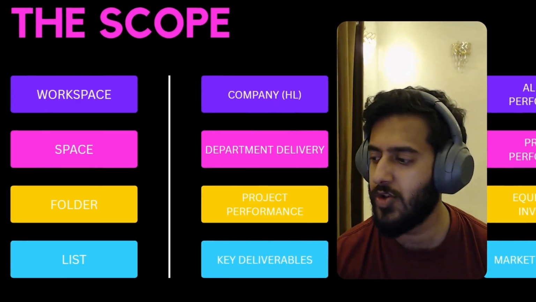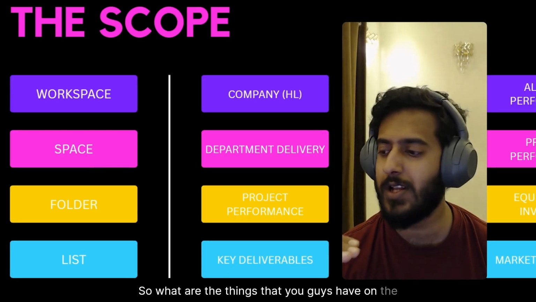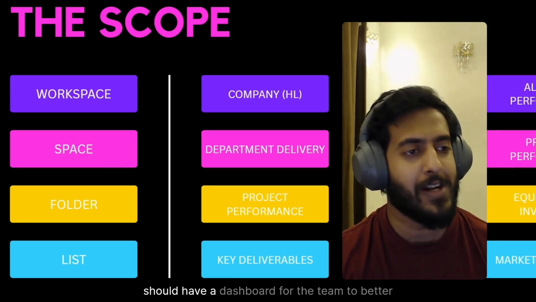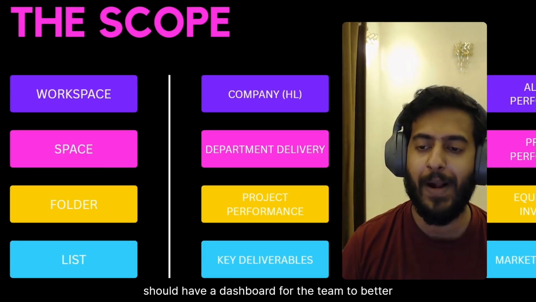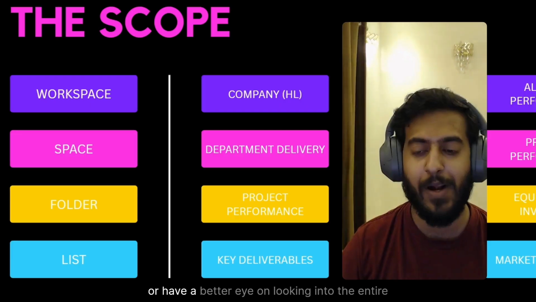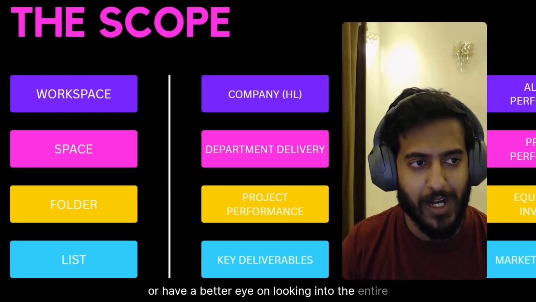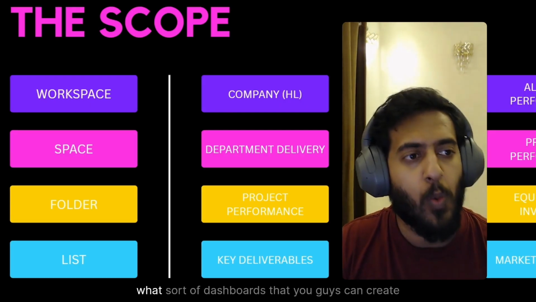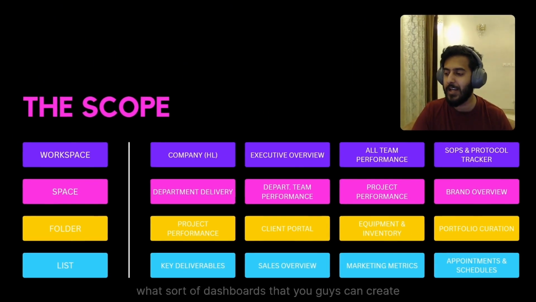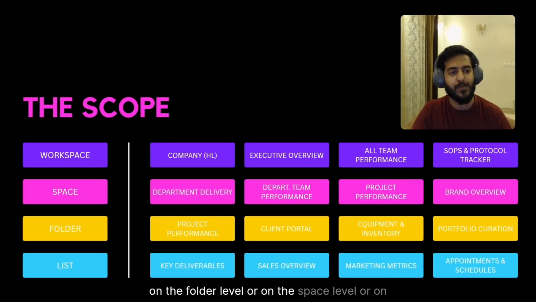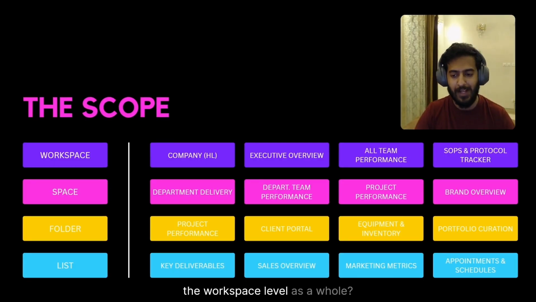What are the things on the list level that should have a dashboard so the team can perform better or have a better eye on all the information together? What sort of dashboards can you create on the folder level, the space level, or the workspace level as a whole?